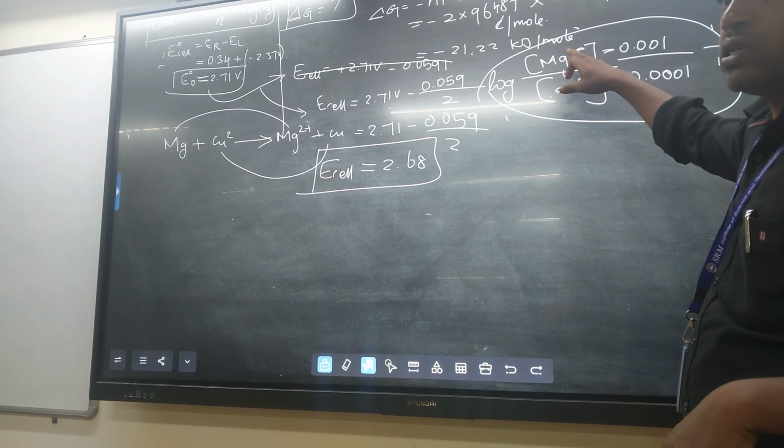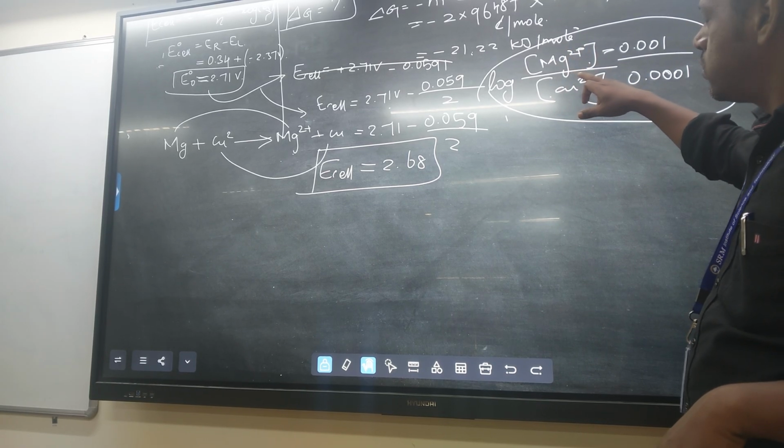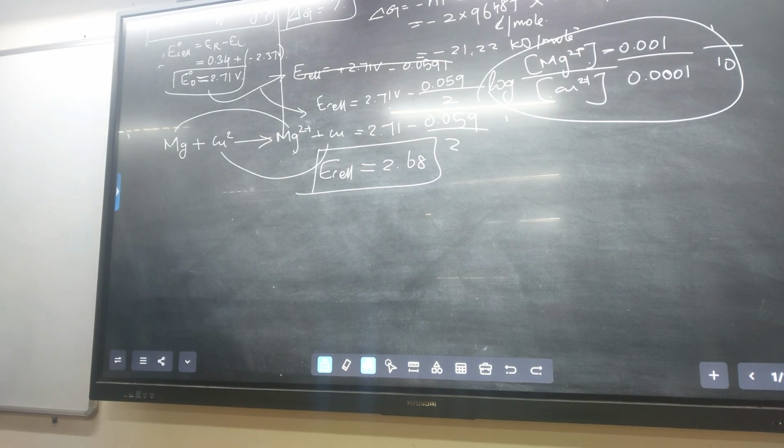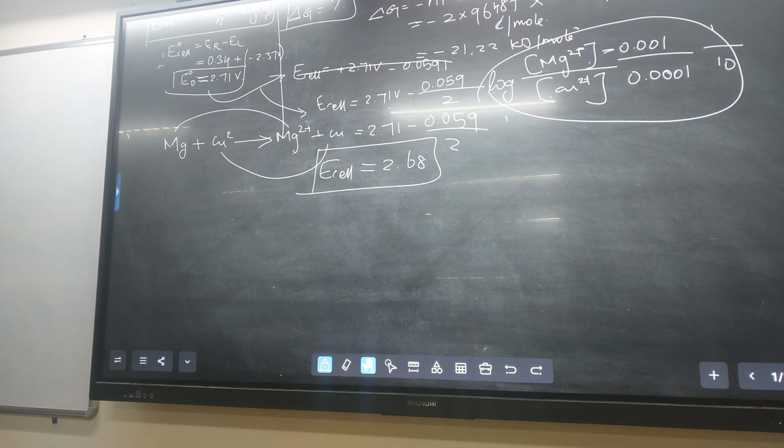Magnesium here is oxidized. That's the product by reactant. In the Daniel cell, zinc 2 plus by copper 2 plus, right?